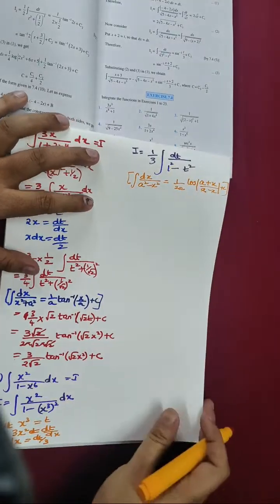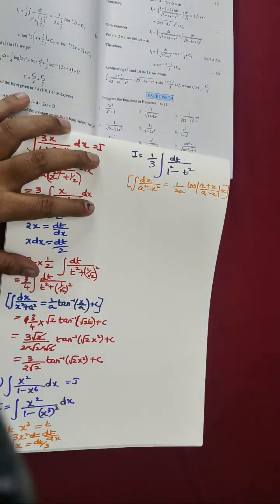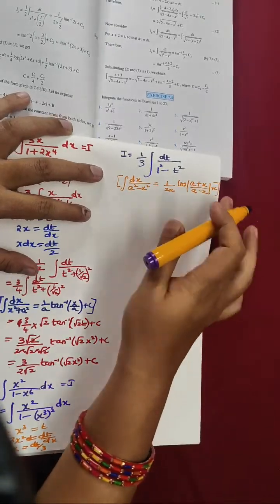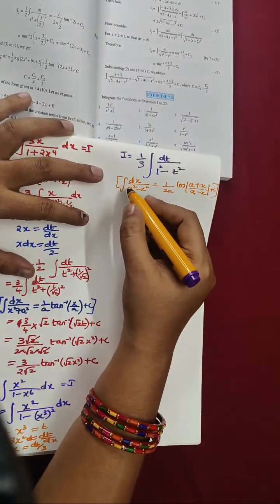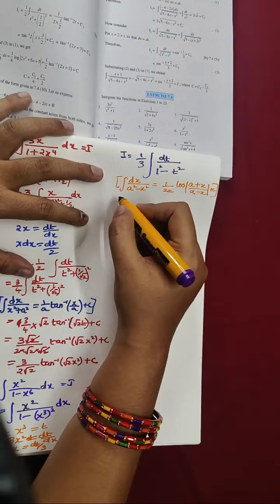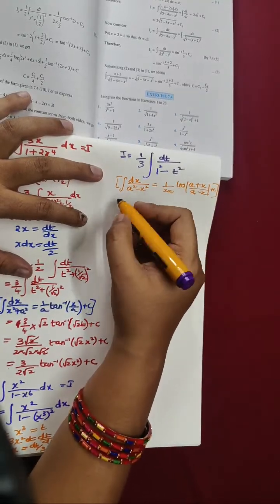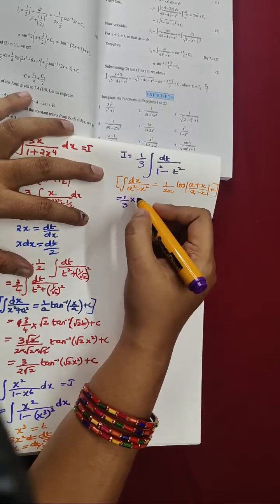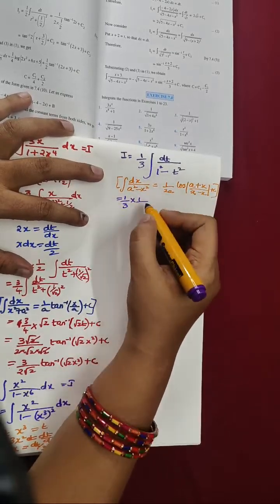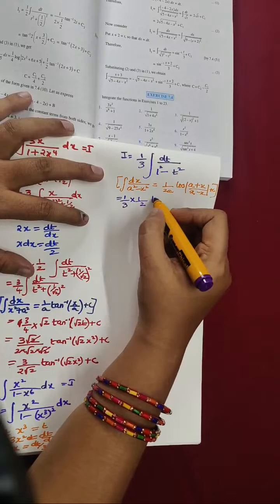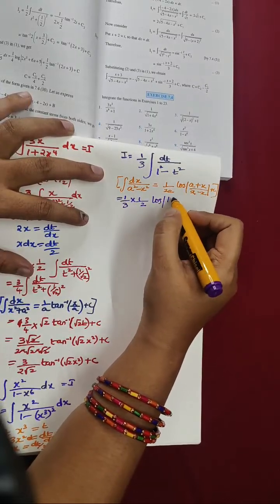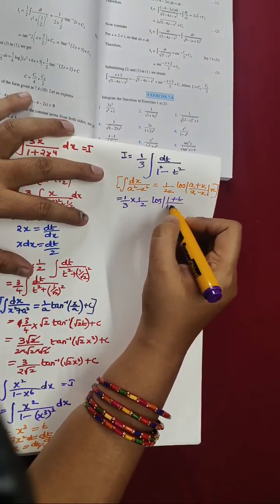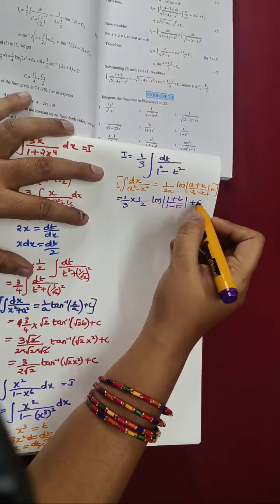So this is the formula for integral dx by a square minus x square. In place of a you have 1, and in place of x you have t. So this can be written as 1 by 3, already we have 1 by 2 into 1 is 2, log 1 plus t by 1 minus t plus c.